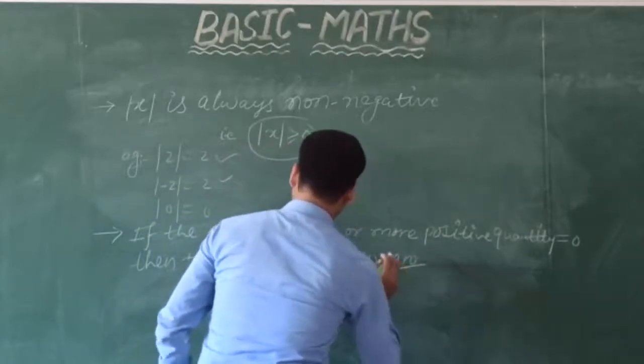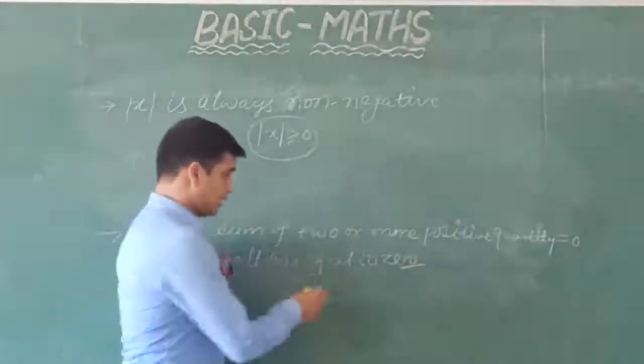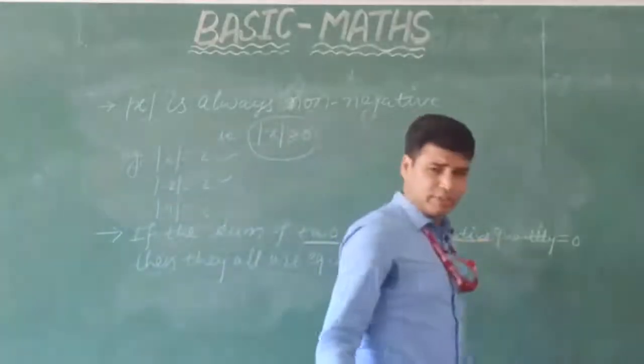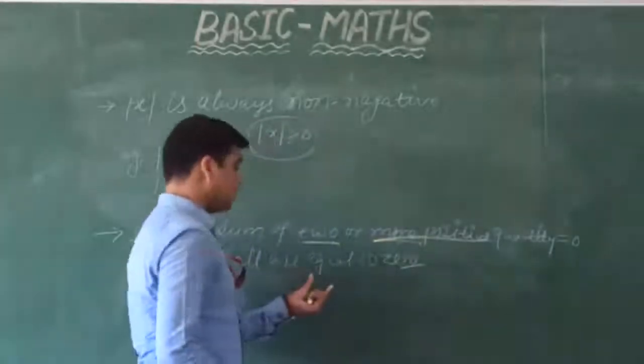How? See this here. If the sum of 2 or more positive quantities equals 0, then they all are equal to 0.